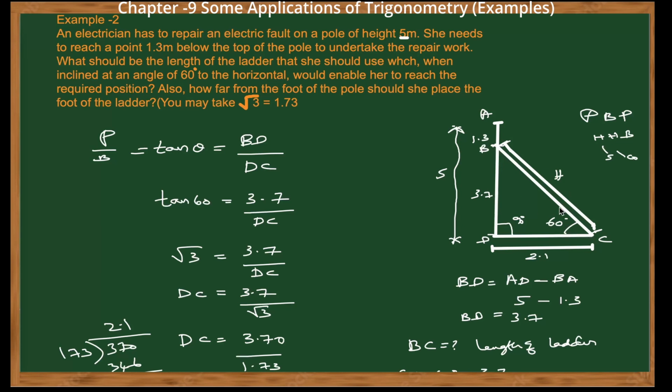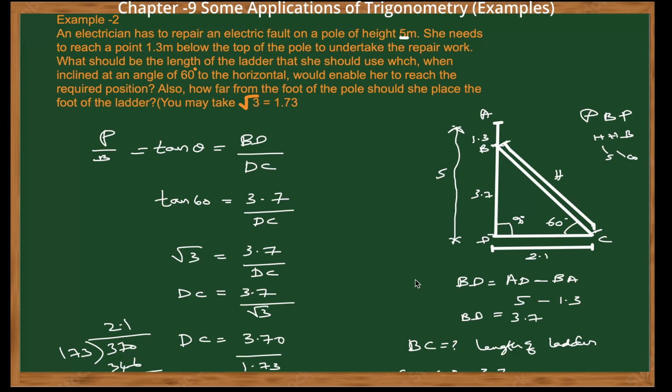We need a ladder at 60 degrees, and we need to find the length of the ladder, not the height. Once we found the other sides using our sine ratio, we found the value of the ladder. Hope this is clear, students.